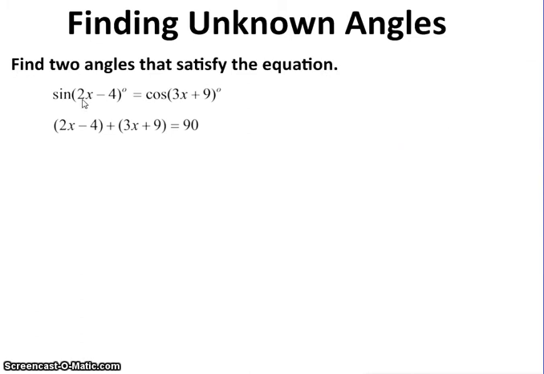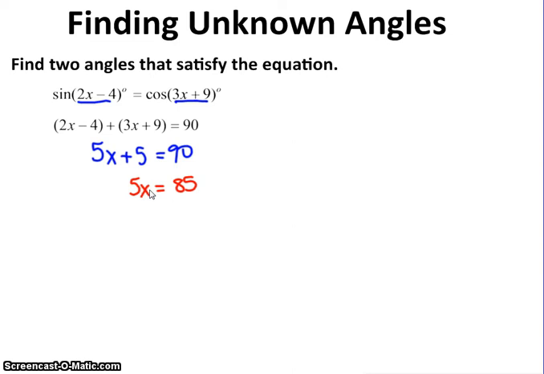So I take what's inside here and add them together, equal to 90. Now I can combine like terms. 2x plus 3x is 5x. Negative 4 plus 9 is 5. All I did from here to here is combine my like terms on the left-hand side. By subtracting 5 from both sides, I get that 5x equals 85.